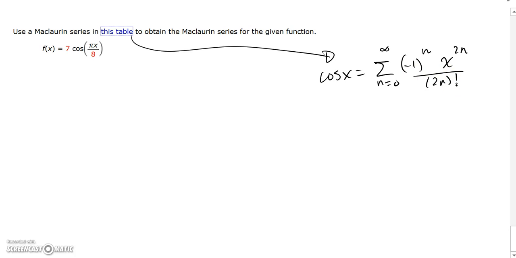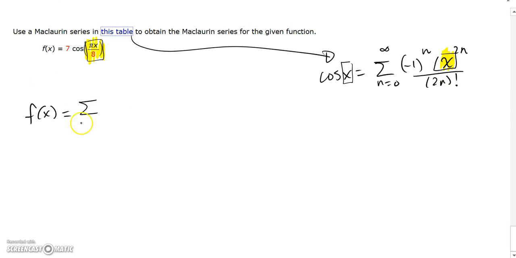So that's the Maclaurin series for the cosine function. At x, if we're using the table that gives us this information to find the Maclaurin series for this guy, remember we said you could just use this idea that this box gets replaced by whatever you had there.